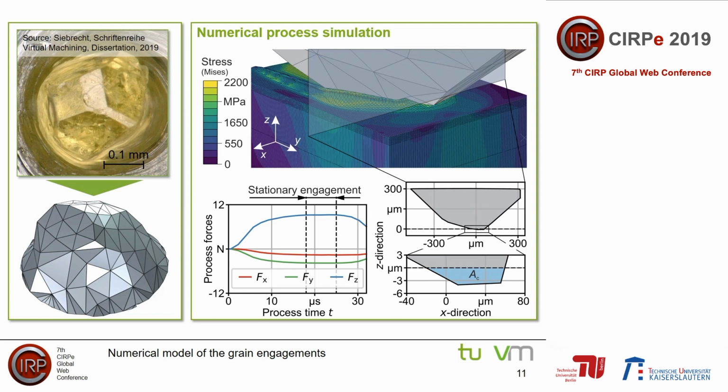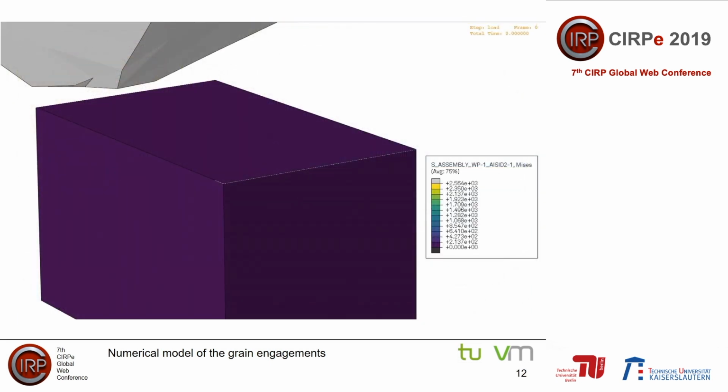With regard to the experimental results, the undeformed chip thickness was varied between 0.5 and 5 micrometers, resulting in a total of 7 different grain engagements. The cutting force coefficients were determined for each process simulation conducted. Here you can see a video of the described numerical process simulation.